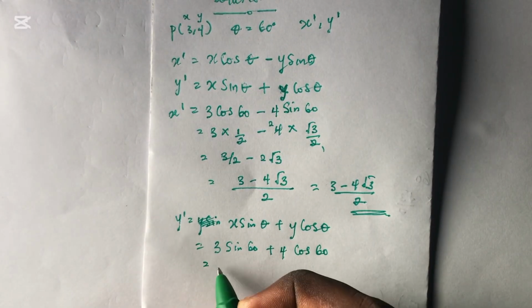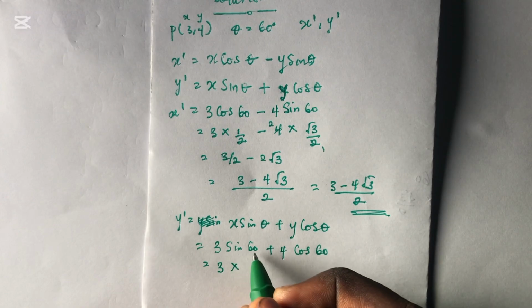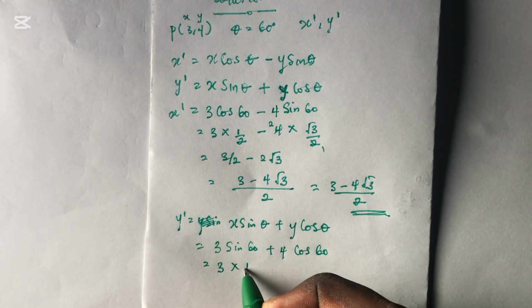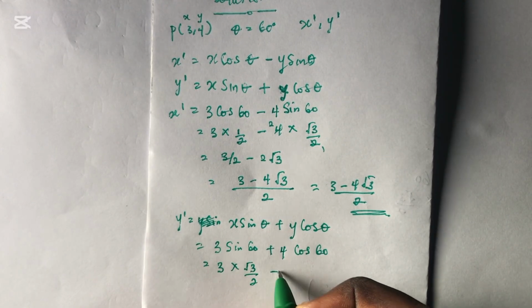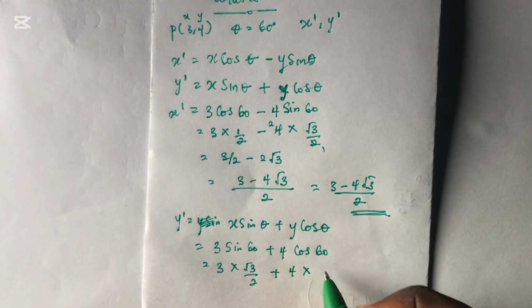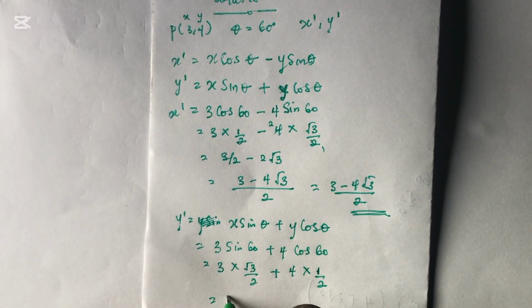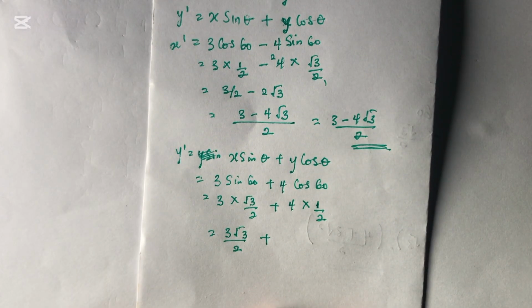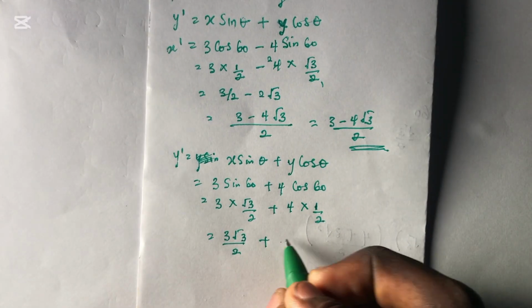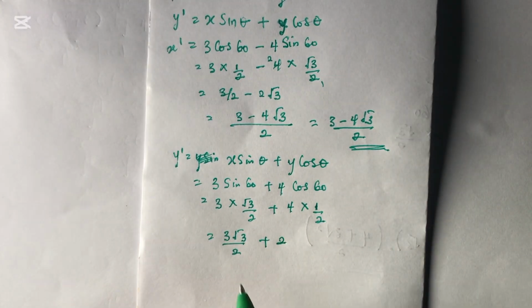So this equals 3 times sine of 60, which is root 3 over 2, positive 4 times cos of 60, which is 1 over 2. So this is going to be 3 root 3 over 2, then positive 2.